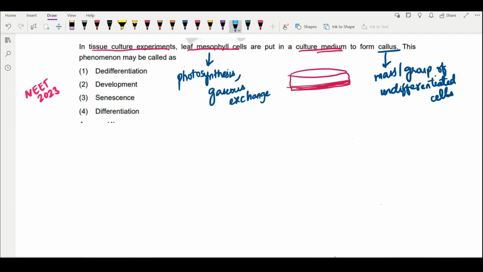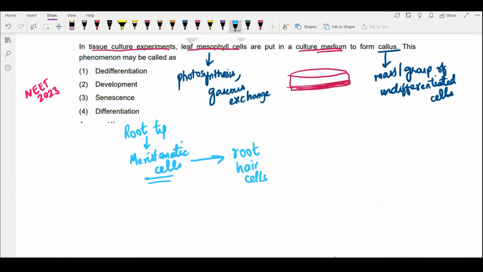Let's consider an example of a root tip. We all know that the root tip contains meristematic cells. These meristematic cells continuously divide. They are not specialized to perform any specific function. Later they get specialized to form root hair cells. What's the function of the root hairs?